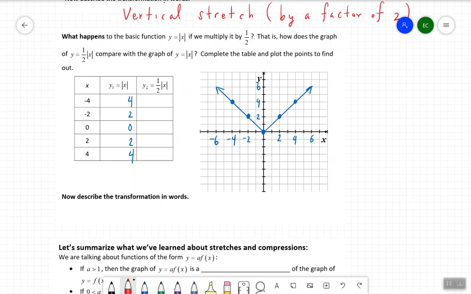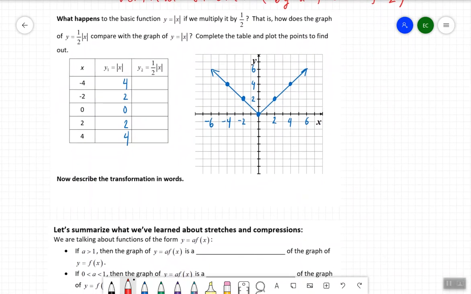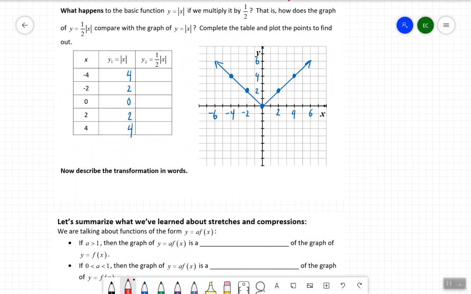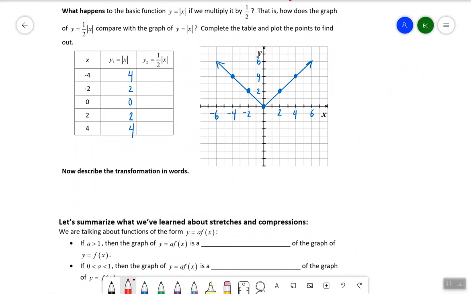Okay, so let's go on. Let's see what happens now if we multiply by a half instead of by 2. We're still going to multiply outside the basic function, and so we should expect another vertical transformation. So I've already made the table and the graph for the basic function.